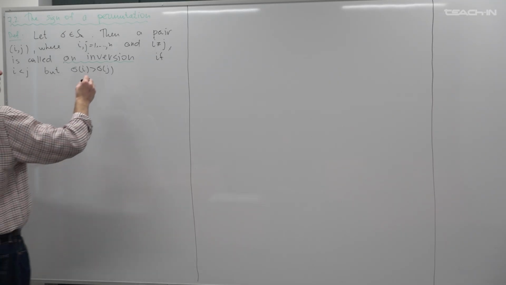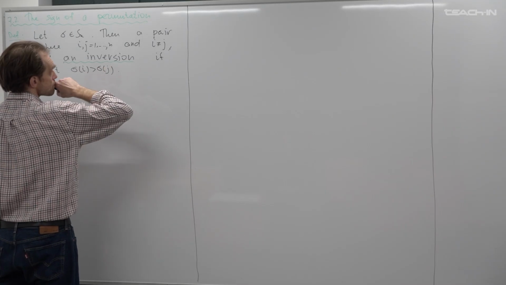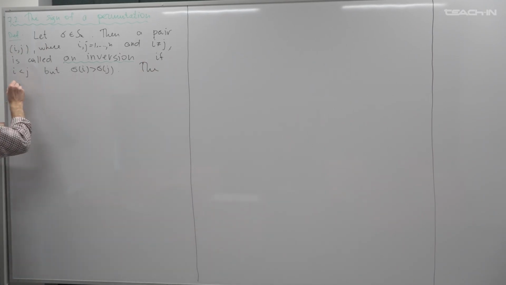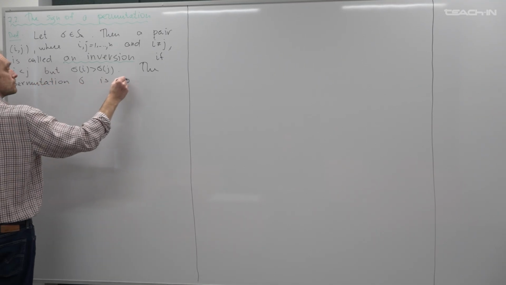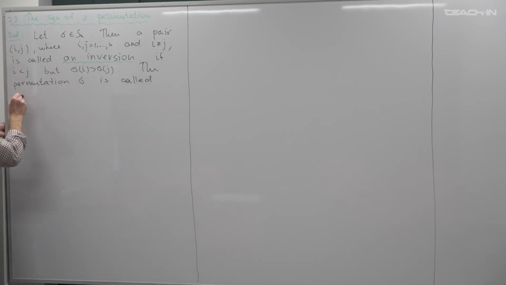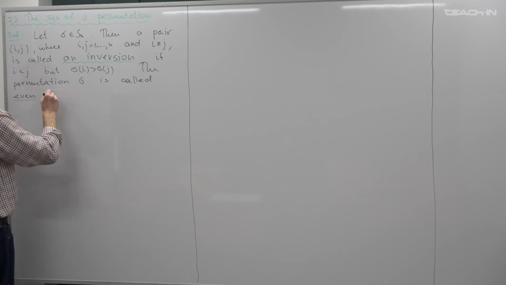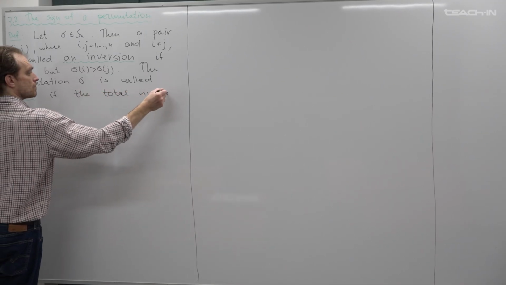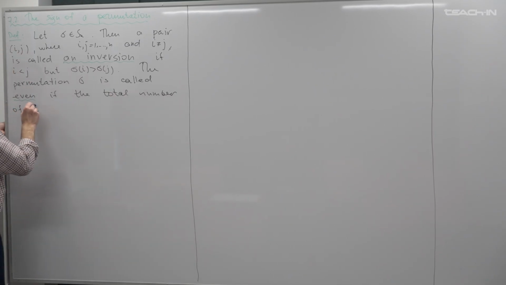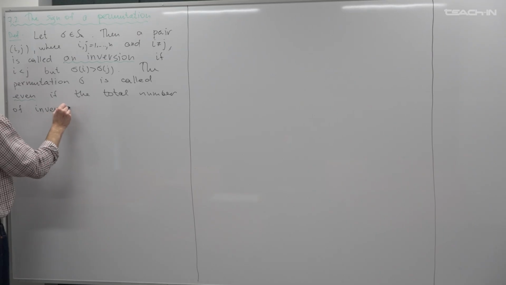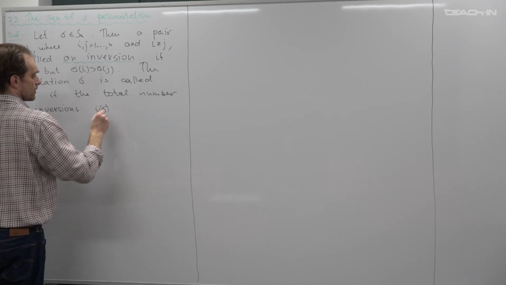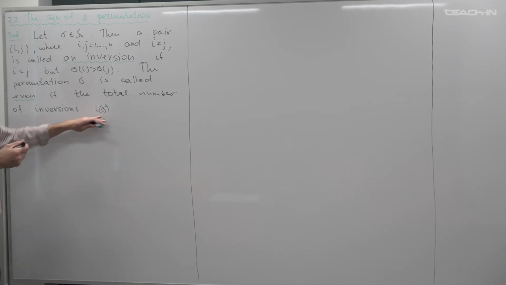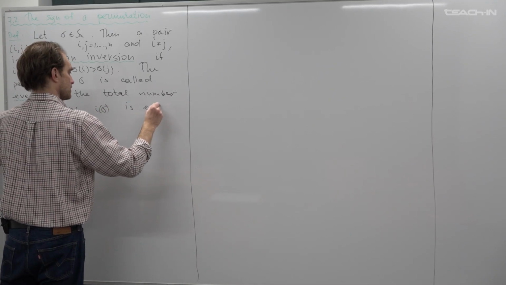So the permutation sigma is called even if the total number of inversions, which I will denote as I of sigma, is even.